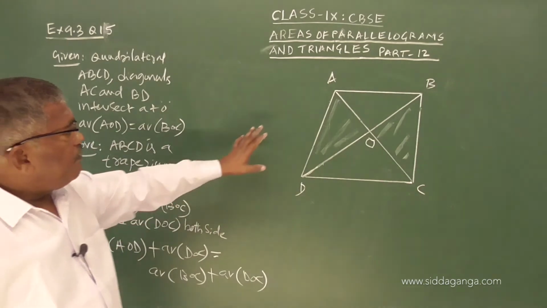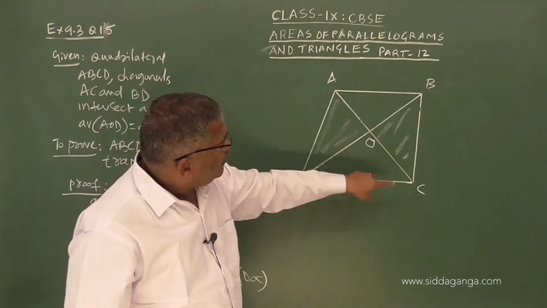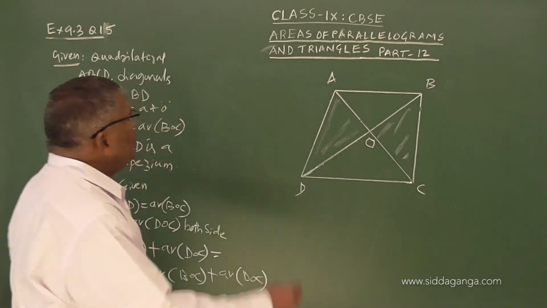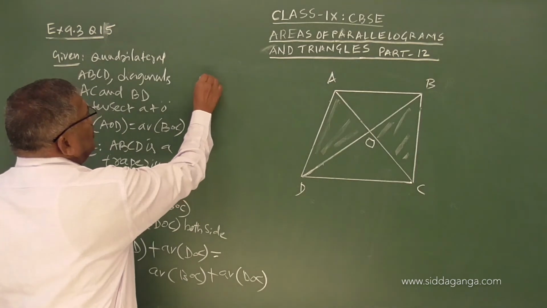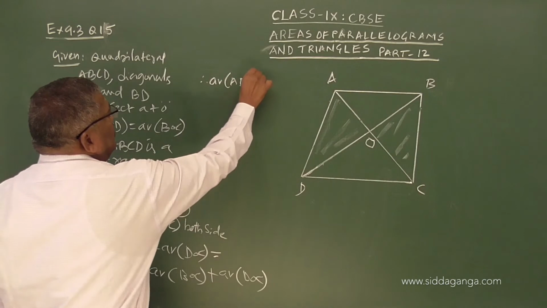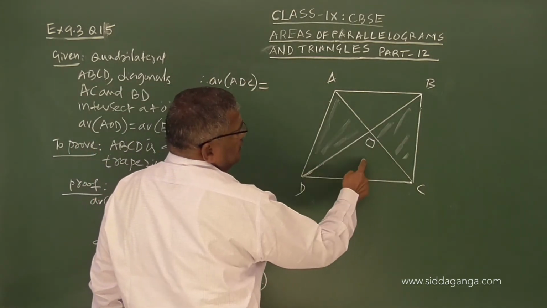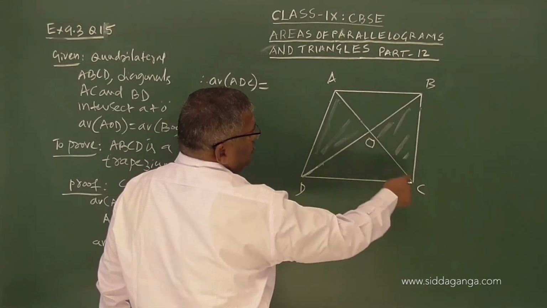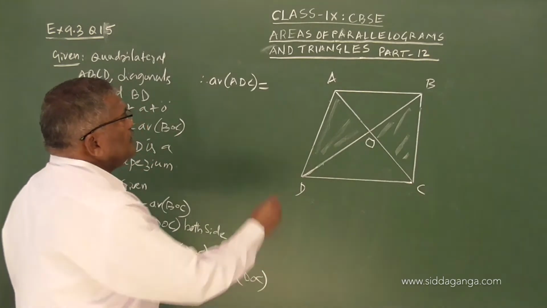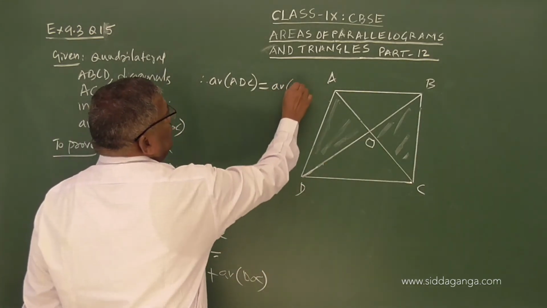Now you can read from the figure, AOD plus DOC is nothing but ADC. So therefore the left-hand side becomes area ADC, equal to the right side, BOC plus DOC, which becomes BDC, area BDC.